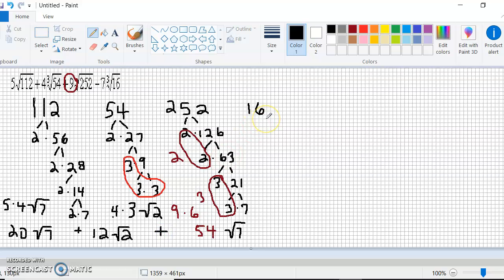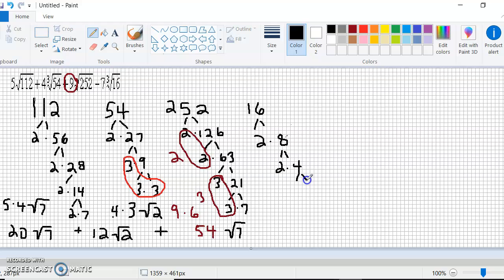Last one is very, very simple. On this, I could break this down into smaller components. Okay, so 8 here. I can break this down to even more. It's very simple. 2 times 4.